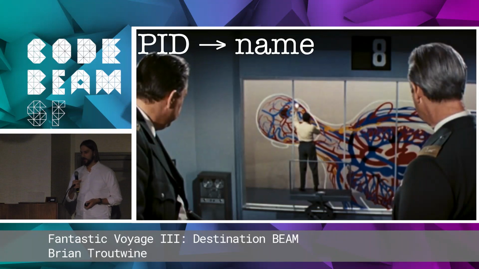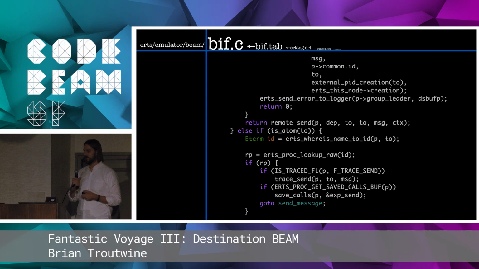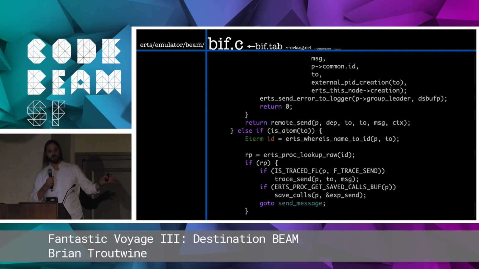So what about PID.name? Now that we have send and receive, we need to go back and understand how process names are resolved. So if we pop all the way back out to do send, which was in bif.c, which if you remember 10 minutes ago, I guess, was where we started all of this, this was a big switch table. That big switch table, which we didn't really go into at the time, had to do with the nature of the process that was being examined. So if we are sending to a port, we have to do different things.